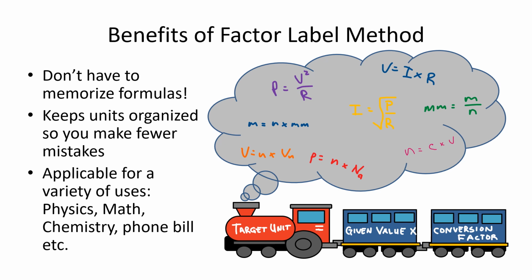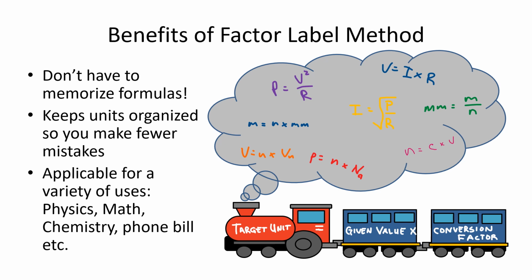Okay, just to wrap things up here, the reason why I encourage the use of factor label method is that it gets us around having to memorize a whole bunch of formulas. I'll show you some of the formulas and relationships, but I generally won't use them because I like to focus on the units, and using factor label method helps to do that.